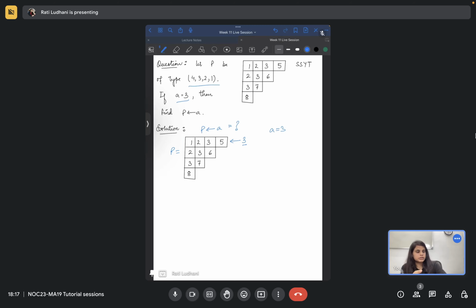We'll first search the first row, or any row.